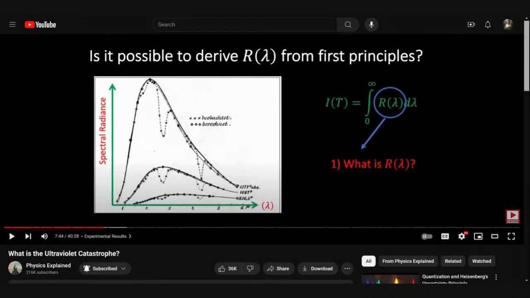So as you look at shorter and shorter lambda, meaning the electron is moving faster and faster, it's limited in how fast it can move basically by the speed of light. So there is a limit.